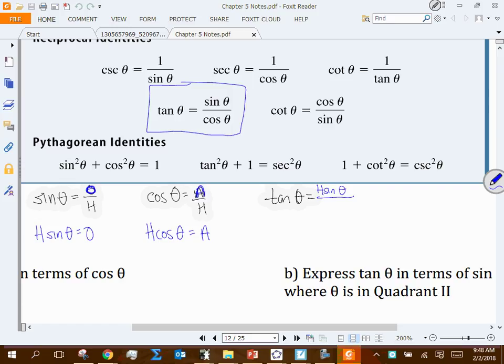And this was A on the bottom, right? Have I solved for A here? So H cosine of theta. What happens to your H's? They cancel out. So we get cosine of theta divided by sine of theta.